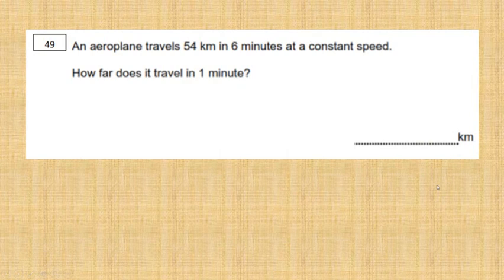Question number 49 here, because there are missing questions. An aeroplane travels 54 kilometers in 6 minutes at a constant speed. So the speed will not change because it's constant. How far does it travel in 1 minute? To calculate that, you have to divide the distance traveled, 54, by the time, 6 minutes.